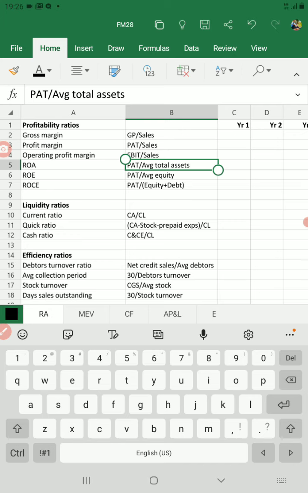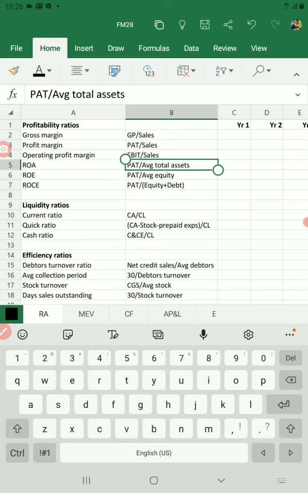Okay, now for the gross margin, we only have transactions from the income statement, while for return, we are actually comparing the transactions from the income statement and the balance sheet.